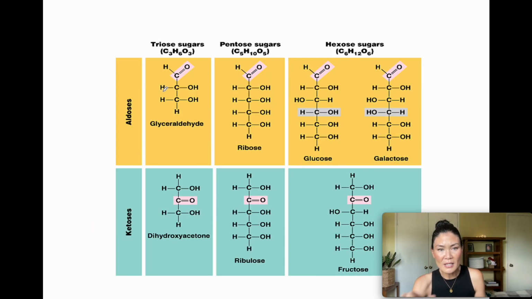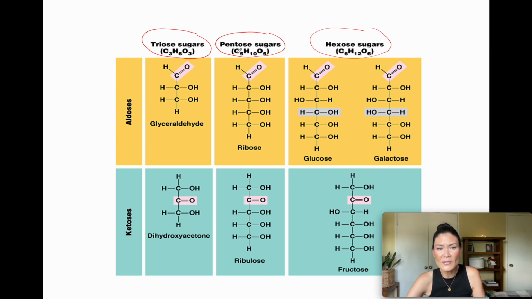You might see in your textbook sugars shown as a straight chain. Most of the time, though, in nature, sugars are not in a chain. They're going to be in a ring form. But I want to bring your attention to this. Remember the equation for sugars: if n is 6, the chemical formula is C6H12O6.